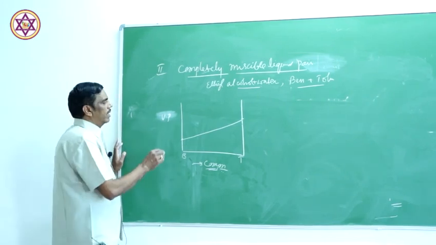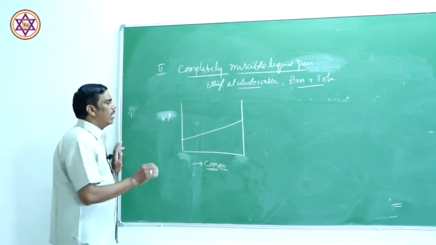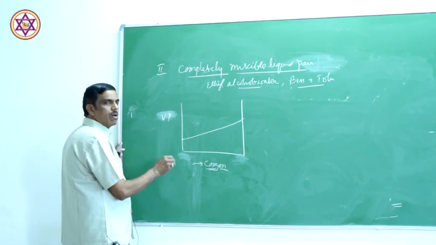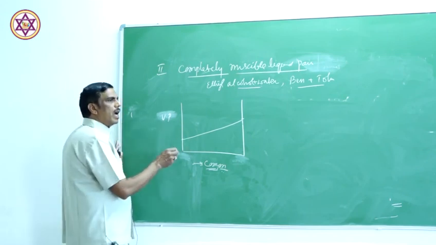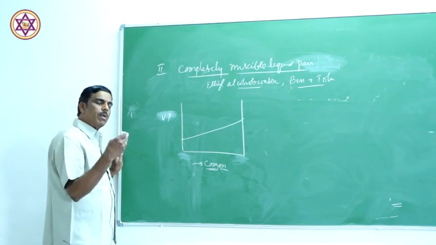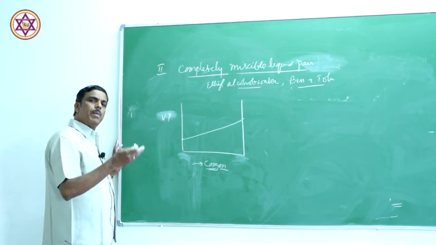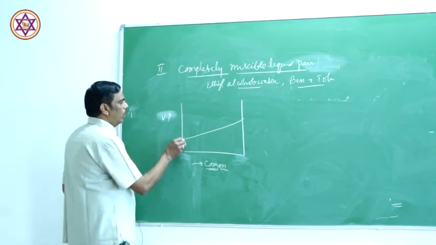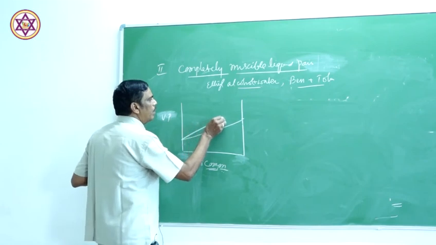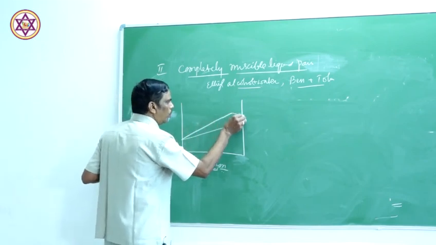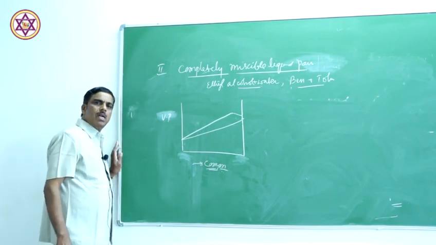But if you take the vapor pressure composition curve of alcohol and water, what happens? Water has got lower vapor pressure and alcohol has got higher vapor pressure. As the amount of alcohol increases, vapor pressure increases. So the graph will be deviated like this. At a particular composition, it is above, with maximum vapor pressure of the mixture.